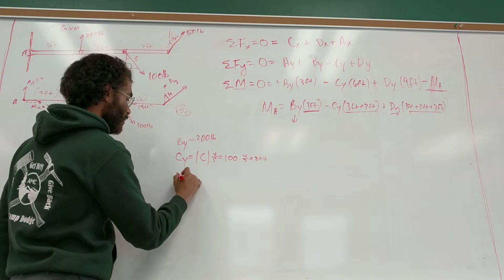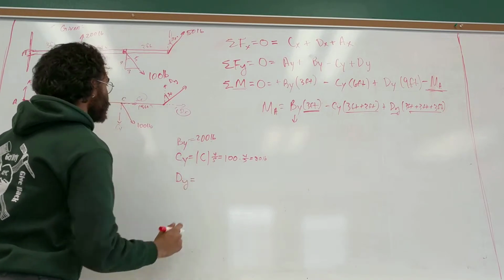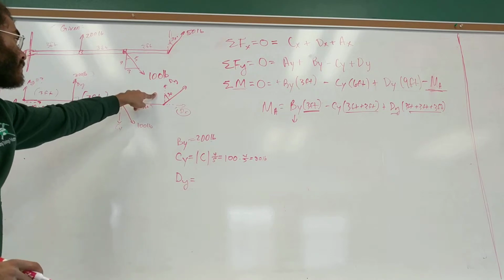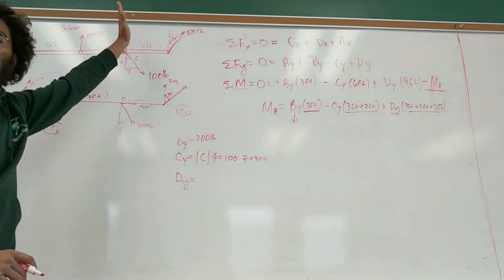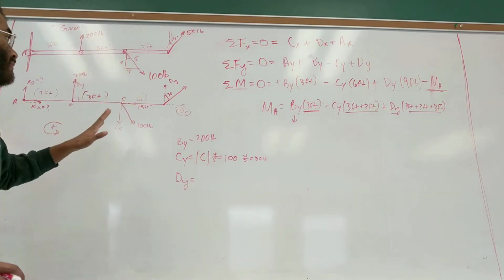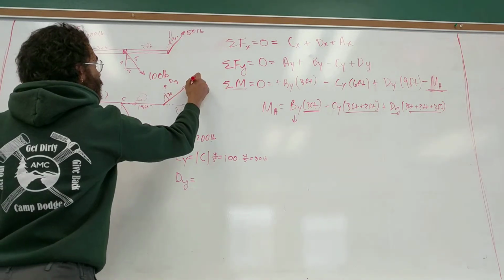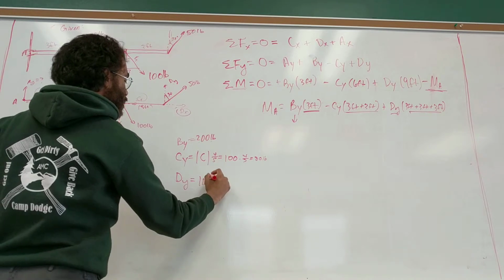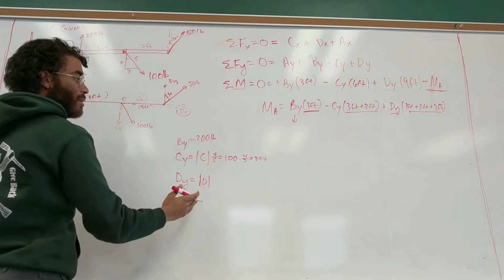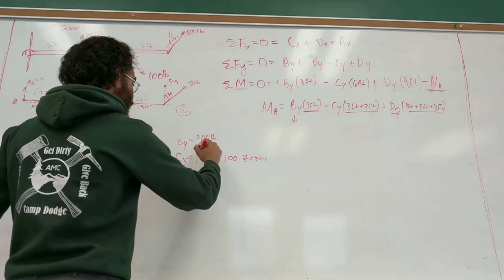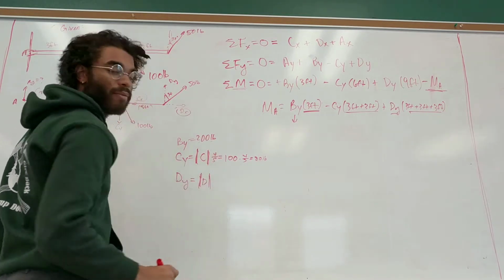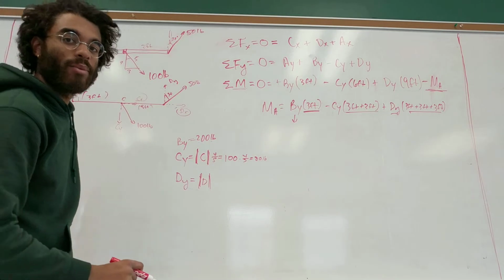We have DY is equal to, well, we have 30 degrees, right? And it's in reference to the y-axis, right? So if we want to find the force DY, because this is 50 pounds going in this direction, we're going to have the magnitude of D. I hope you understand the double bars mean magnitude. That's my notation. It just makes it easier for me to understand what is magnitude and what is not.